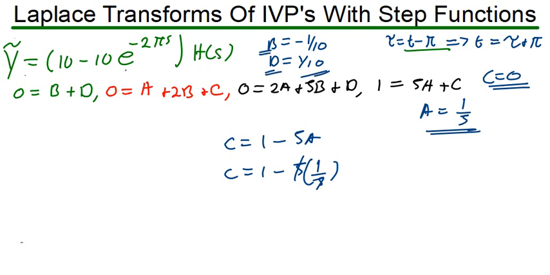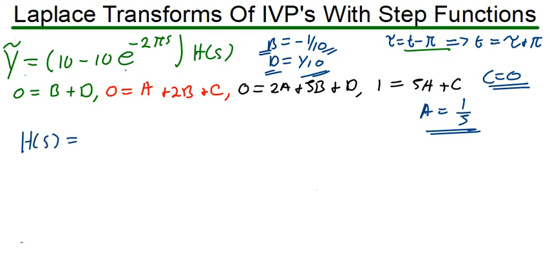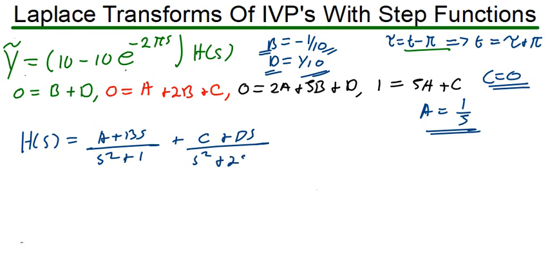And actually, in case maybe you doubt my solutions in terms of a, b, c, and d, what you do is that, since we have said our H of s is equals to a plus bs divided by s squared plus 1, plus c plus ds divided by s squared plus 2s plus 5, you just substitute all of them here.